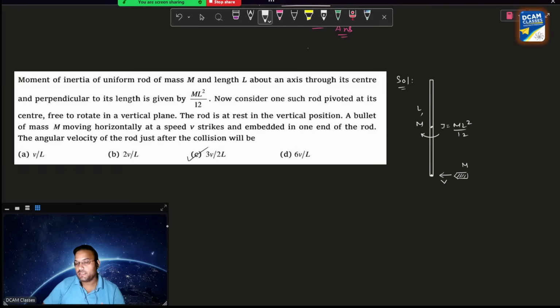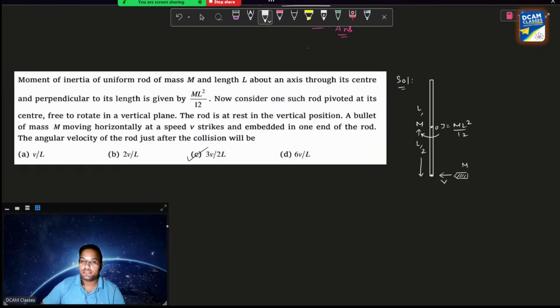Now, before collision, what is the angular momentum of this mass? I told you the angular momentum is mvr, mass into velocity into perpendicular distance, or I into omega. Both are the same.